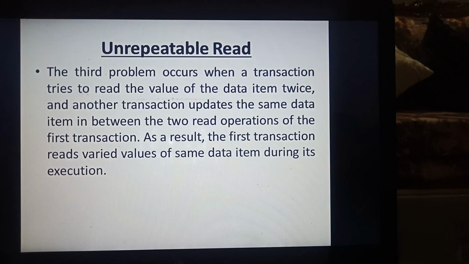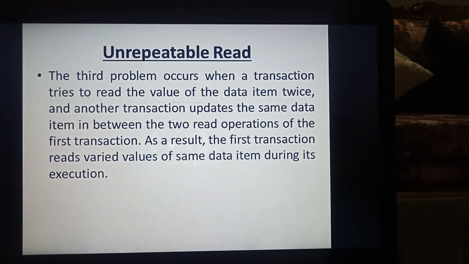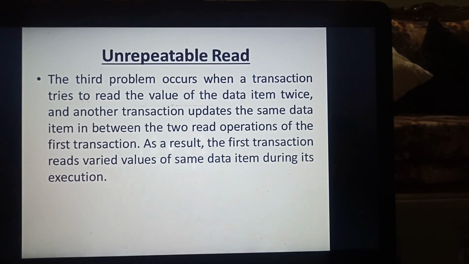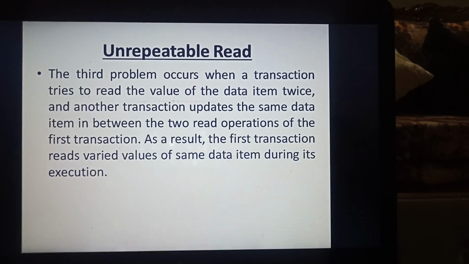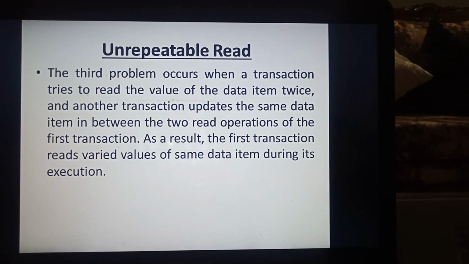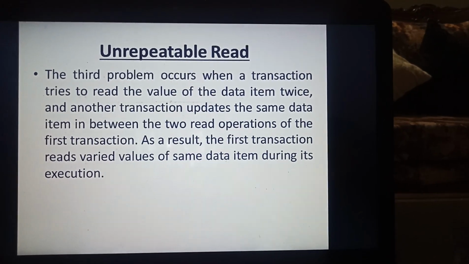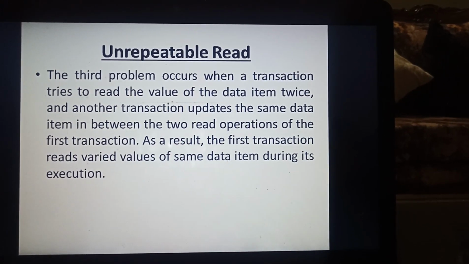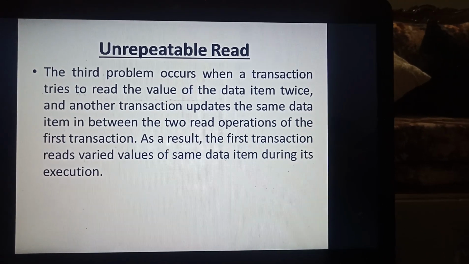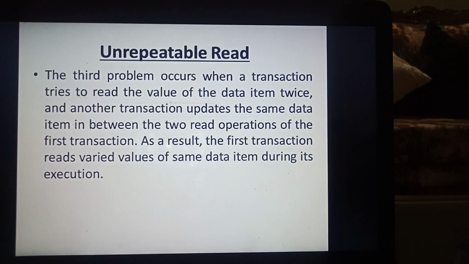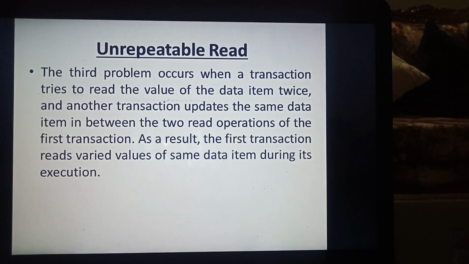Means, suppose transaction T1 ने किसी डेटा आइटम X को 2 बार कॉन्सिक्यूटिवली रीड किया, और उस कॉन्सिक्यूटिव रीड्स के बीच में ट्रांजैक्शन T2 ने वैल्यू ऑफ X को अपडेट कर दिया. तो दैट मीन्स सेम ट्रांजैक्शन ने डेटा आइटम को कॉन्सिक्यूटिवली रीड किया बट डिफरेंट वैल्यूज को रीड किया. दिस इज नोन एज अनरिपीटेबल रीड.